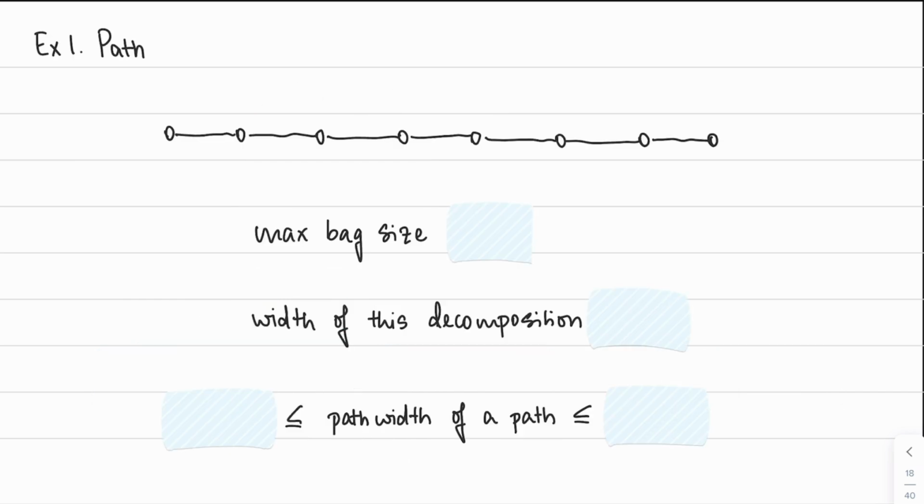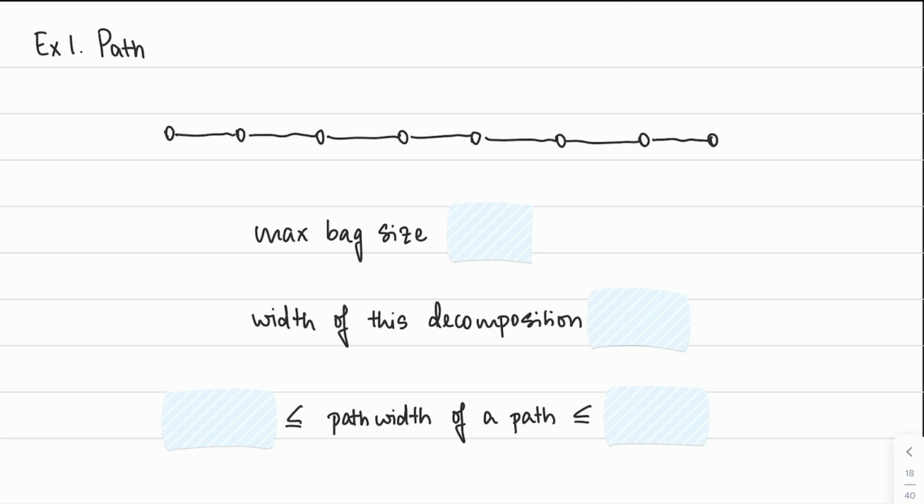Okay, so the most natural one to begin with is a path. So we have a path. What would be a natural path decomposition for this? So of course we do have the trivial decomposition, but when we are thinking about computing the path width of a graph, we should really challenge ourselves to come up with a path decomposition that has the smallest possible width.